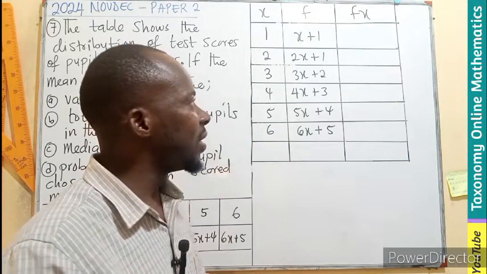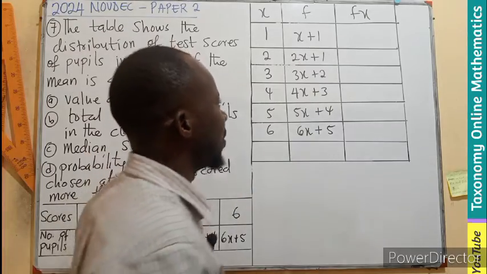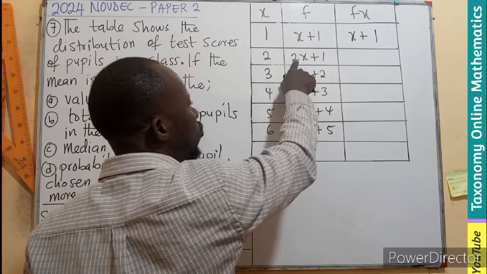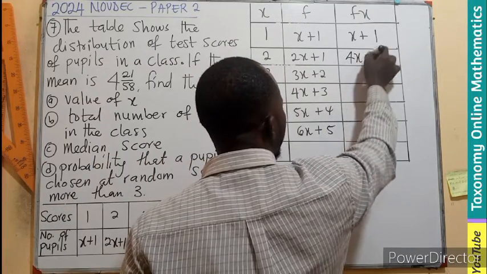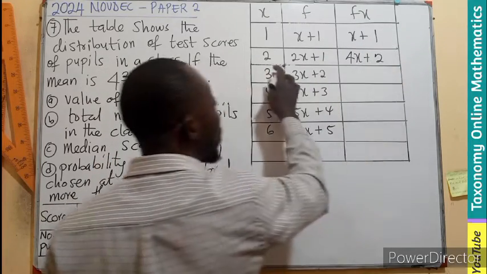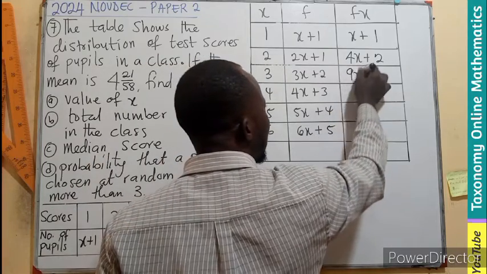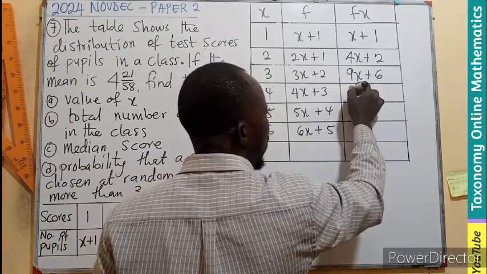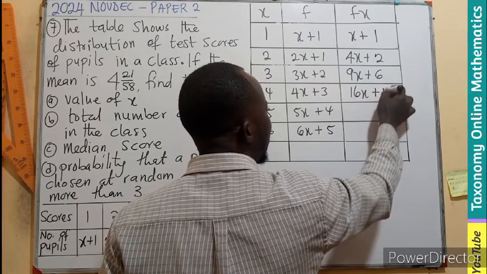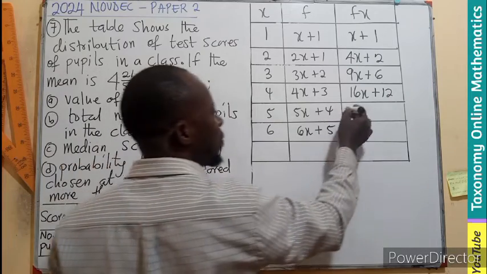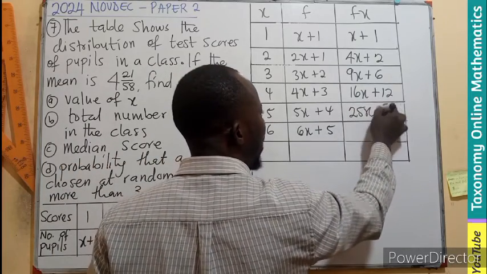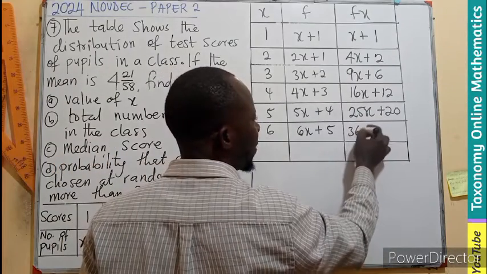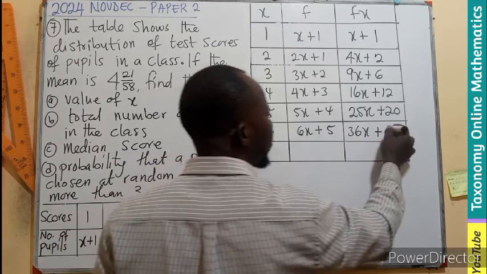So we multiply in that regard. 1 times x plus 1 will remain x plus 1. 2 times 2x will give us 4x. 2 times 1 will be 2. 3 times 3x, 9x, 3 times 2, 6. 4 times 4, 16x. 4 times 3, 12. 5 times 5, 25x. 5 times 4, 20. 6 times 6, 36x. 6 times 5, 30.